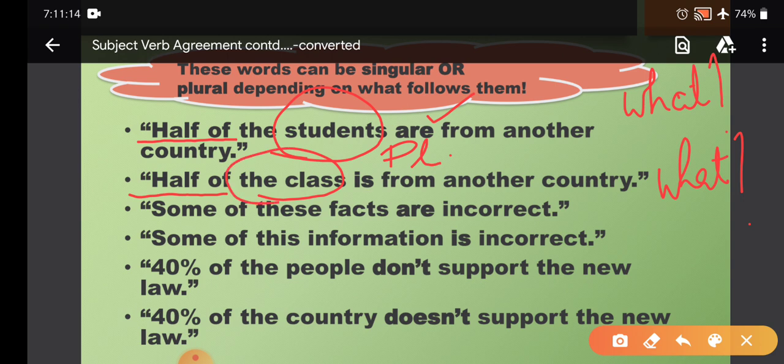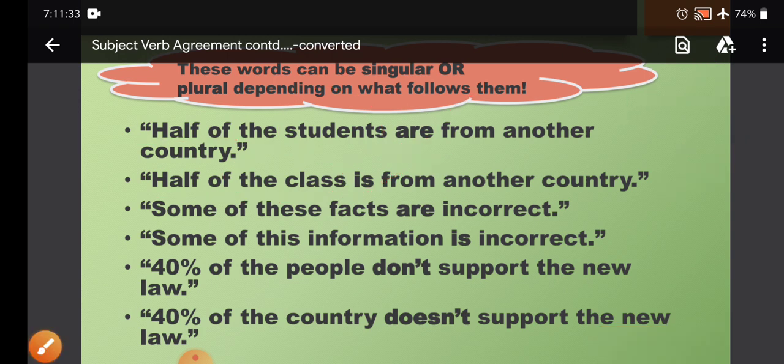Remember two slides back what we discussed? Class as a collective noun is normally singular. So we say, half of the class is from another country. Okay, clear? Then next.